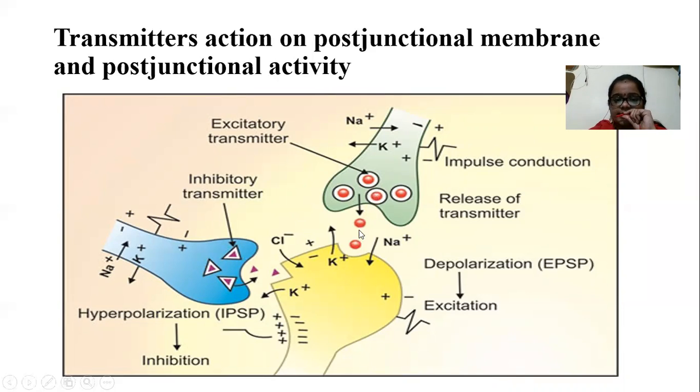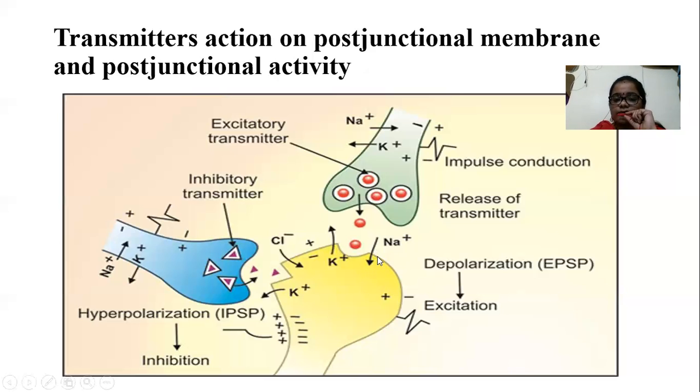It binds with the postsynaptic membrane, which consists of receptors. After binding with the respective receptors, it allows the permeability of cations. Which ions? Cations, that is sodium ions. So there is a high influx of sodium ions into the cell.